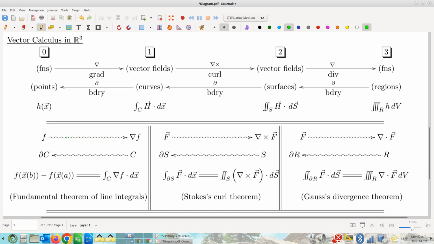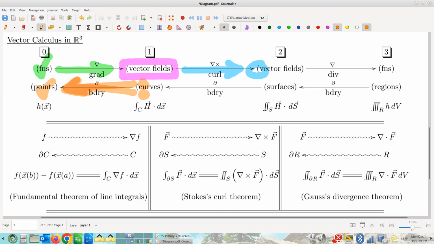With this in mind, let me remind you how we think about the special vector fields that we've talked about as early as chapter 6. These are vector fields that are the gradient of something, aka vector fields where the curl is 0, aka vector fields that are path independent, namely if you give any two curves with the same boundary points, they'll always give you the same value for the line integral. We know from way back when that every gradient is path independent, and I've claimed likewise vice versa, regularity issues aside.